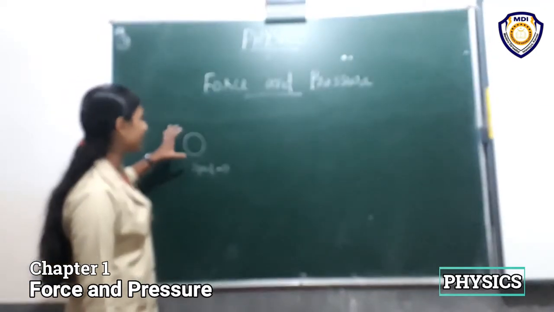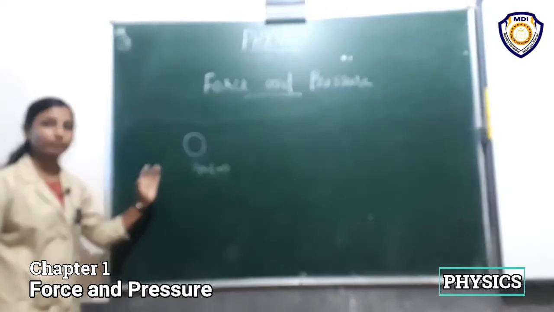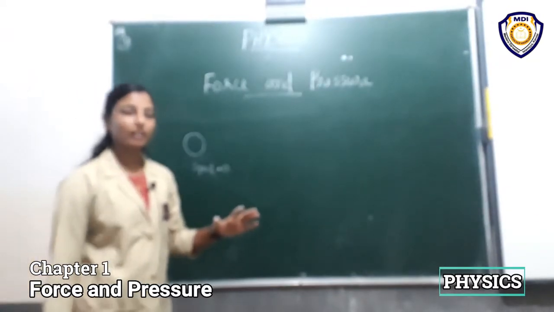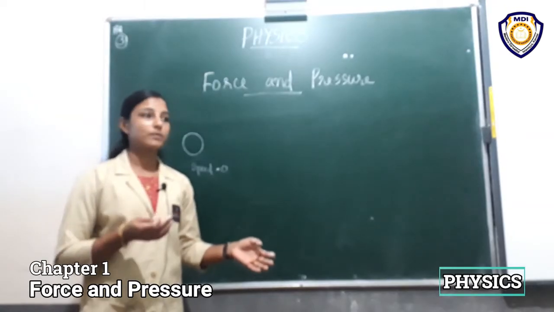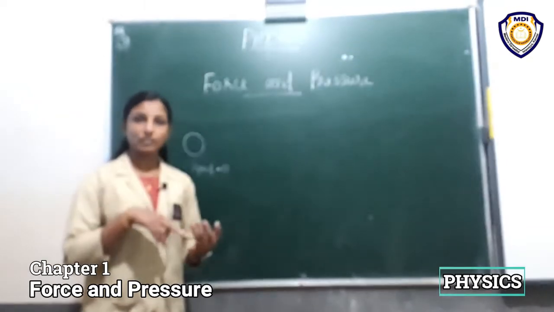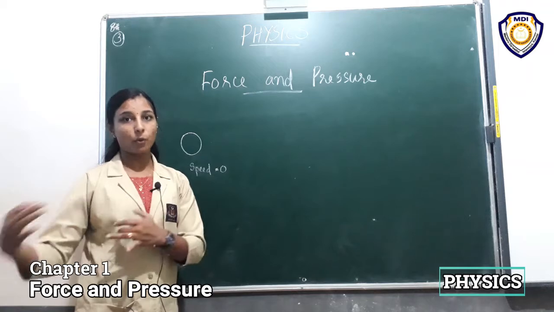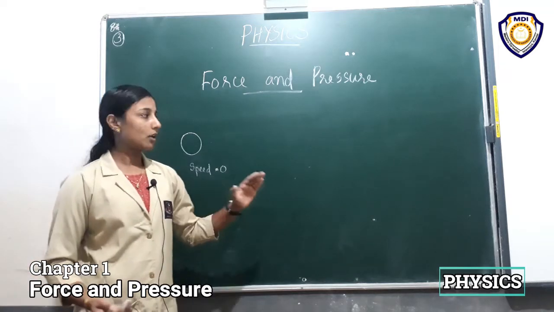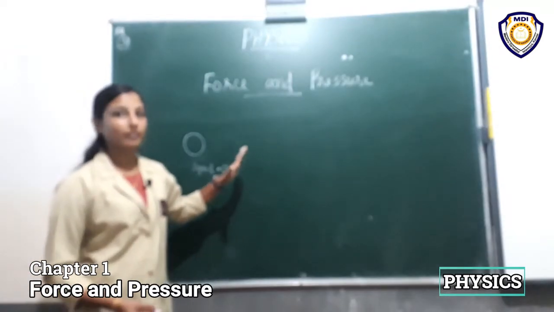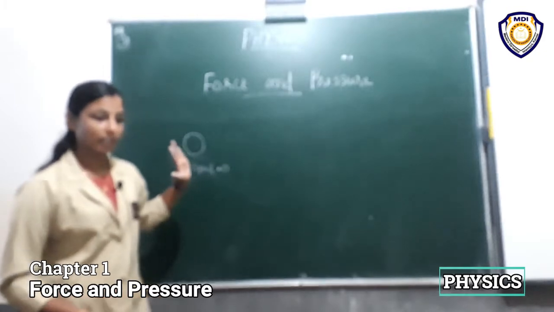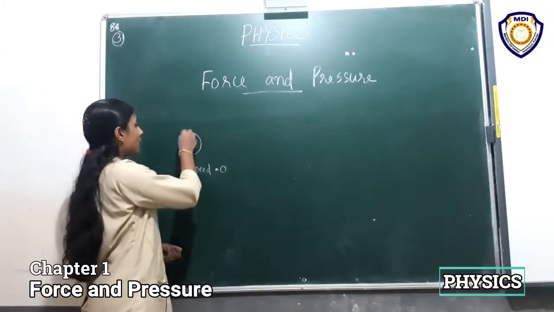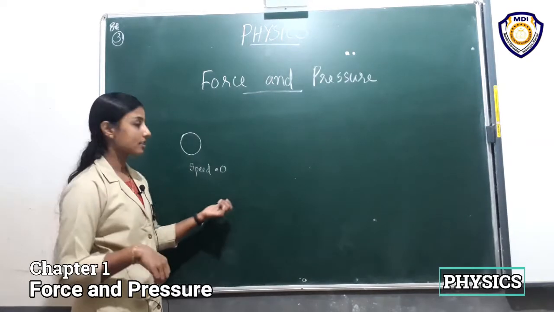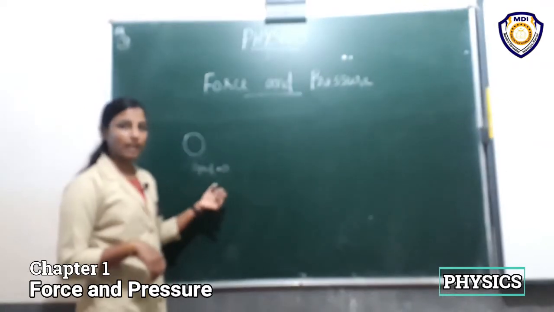When we talk about the state of motion of an object, both the state of rest and the state of motion are states of motion. When the ball is at rest, it has 0 speed, right?